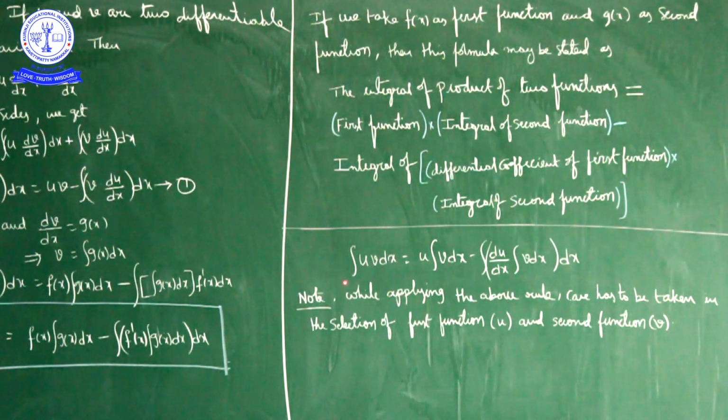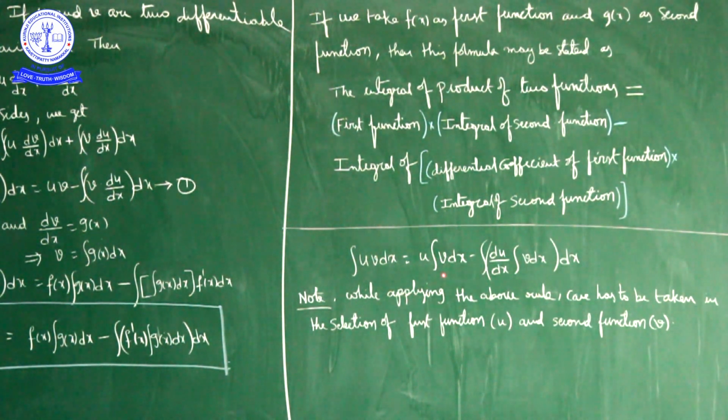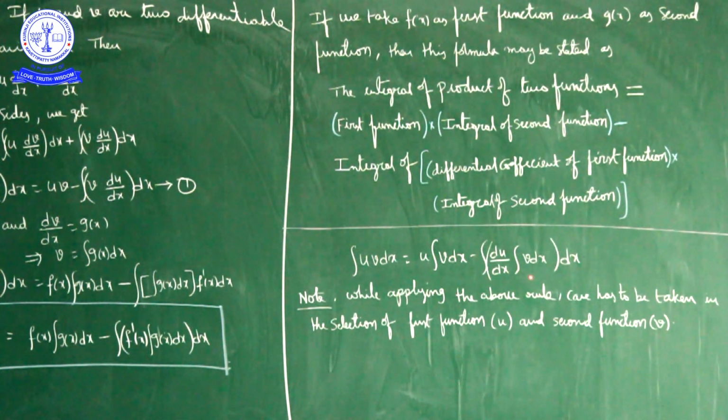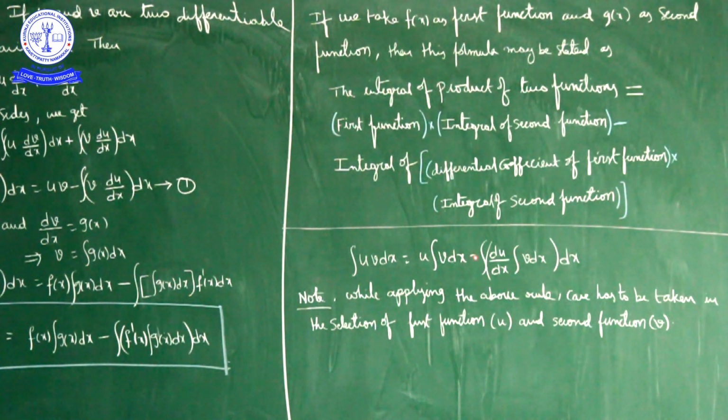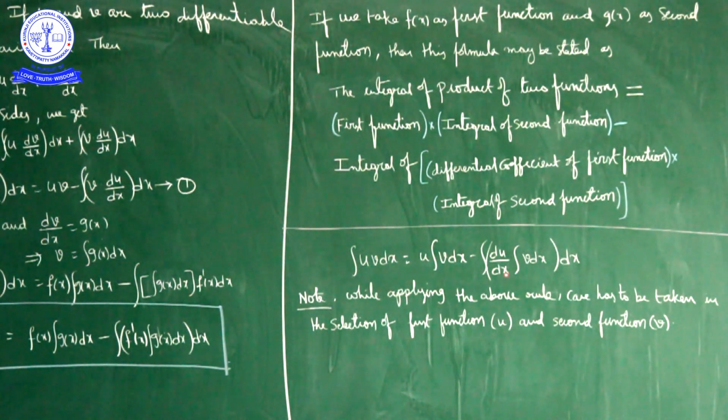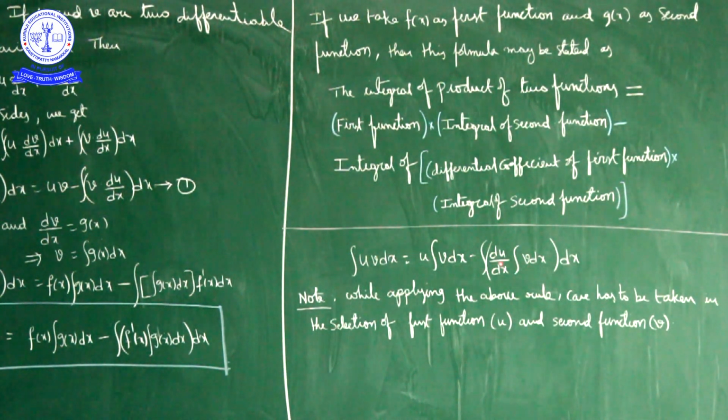Integral uv is equal to u into integral v minus integral of derivative of u into integral of v. So integration of product of two functions equals first function into integral of second function minus integral of derivative of first function into integral of second function.